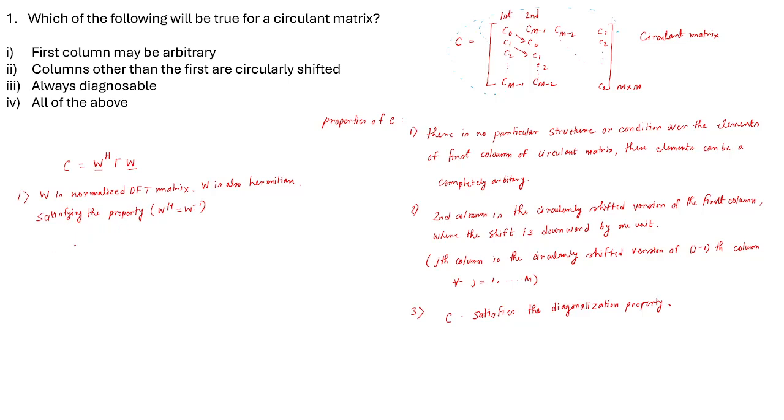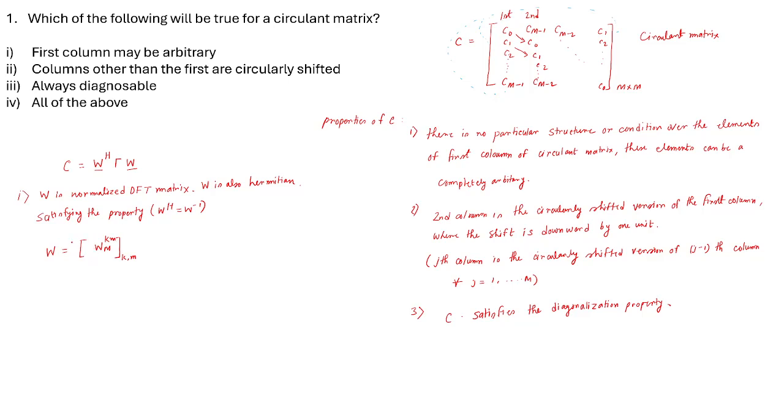Let me mention how you structure this matrix W. The kmth element of W, the kth row and mth column, is given as follows.